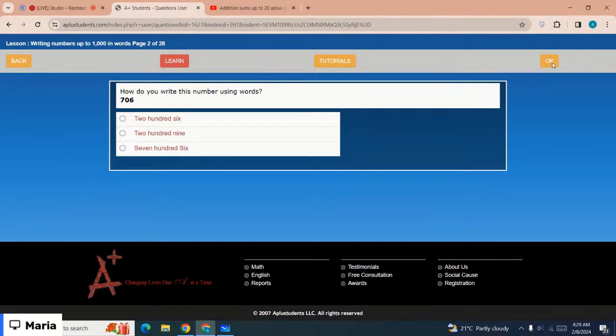How do you write this number using words? Which is the correct option? That's the last one, 706, right? The correct option is 706.